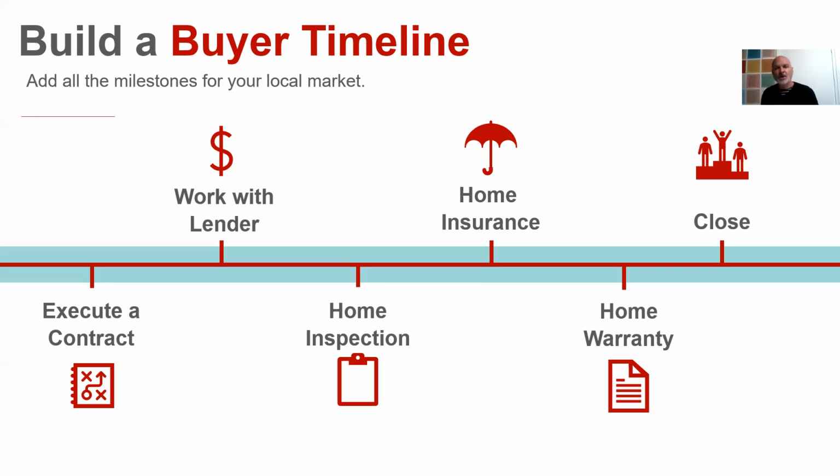Don't go for a 30-day escrow if the lender's saying, we can't get anything out before 45 days. The timelines are fluid. You can ask for more and you can offer less, right? But let the lender determine the loan timelines, the lender your buyer is going to go with.